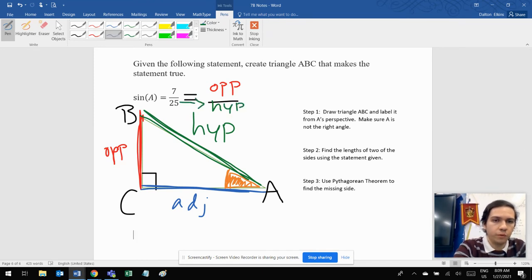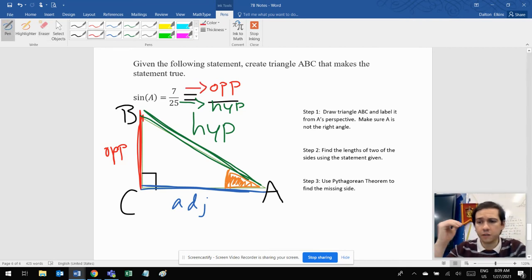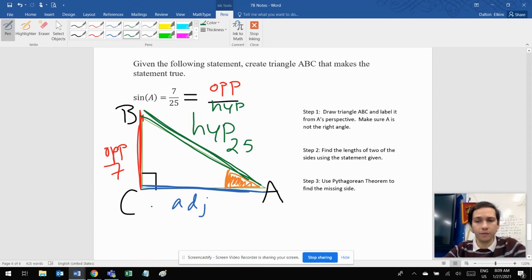So I know both the opposite side and the hypotenuse just from this statement, 7 over 25. The 7 on top is the opposite side, and the 25 on the bottom is the hypotenuse here. So I know both of these sides. I know the opposite and I know the hypotenuse.